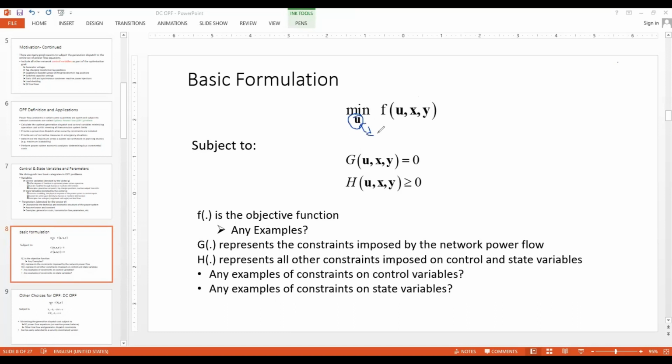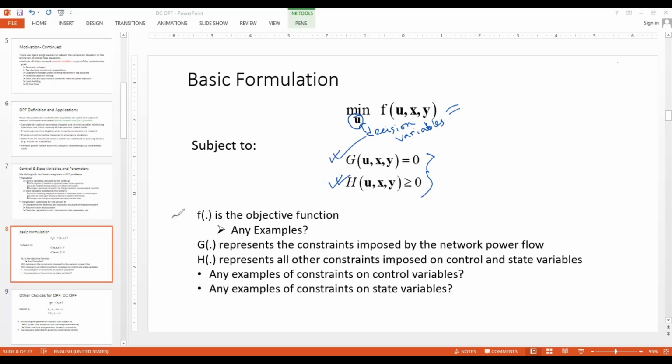So the control parameters, you can also name them as the decision variables for our optimization problem in case of OPF. And besides this basic objective function, we also have to satisfy some equality constraints as well as some inequality constraints. So I have already mentioned the set of equality constraints and the set of inequality constraints.